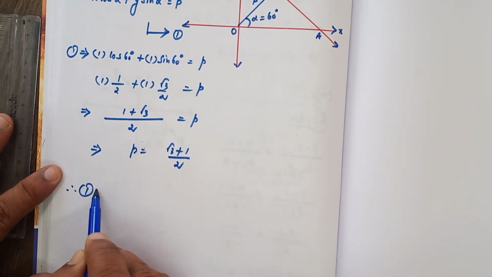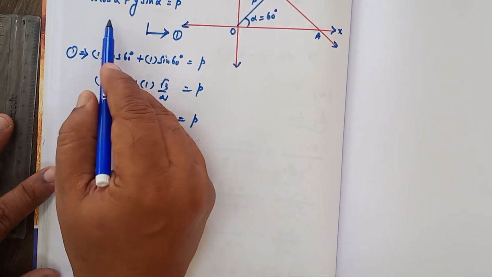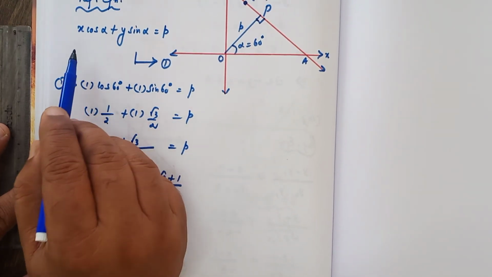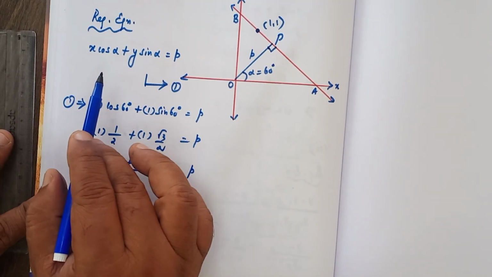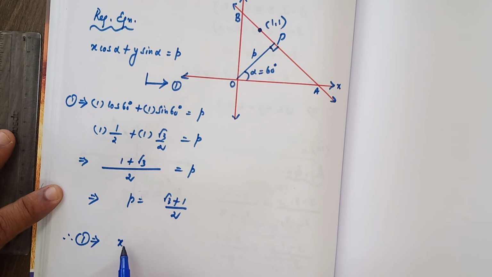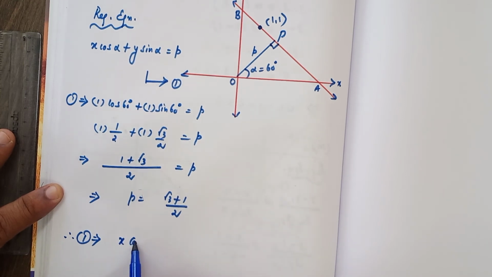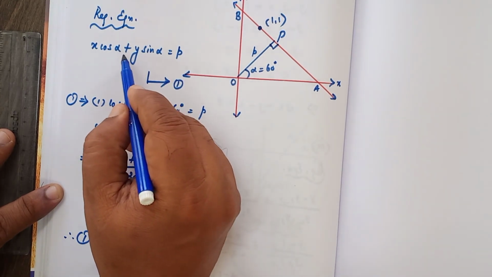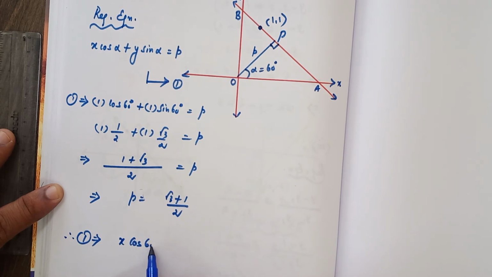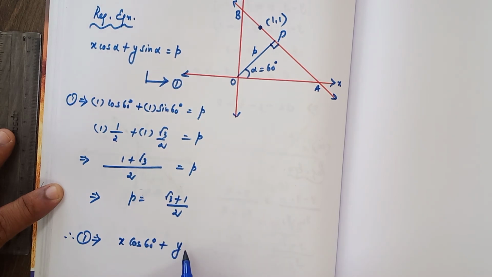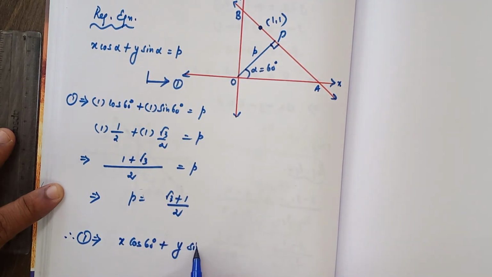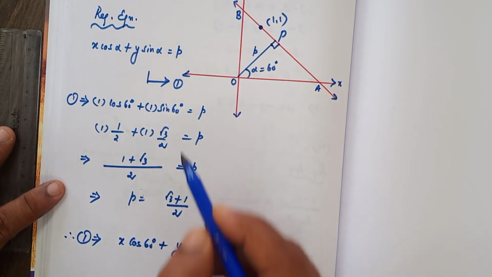Therefore, equation 1 implies, the final result in terms of x and y only: x retained as it is, cos alpha that is cos 60 degrees, plus y written as it is, sin 60 degrees, is equal to p.